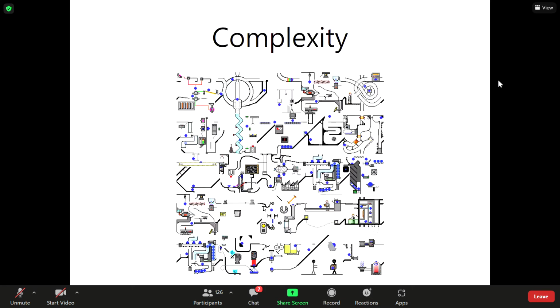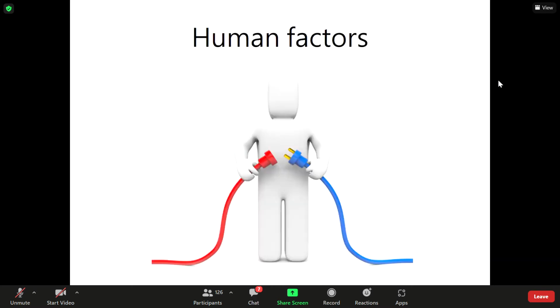Human factors are sometimes very challenging, as I just mentioned earlier. Humans tend to forget, and some staff are lax. They don't care about their responsibilities.